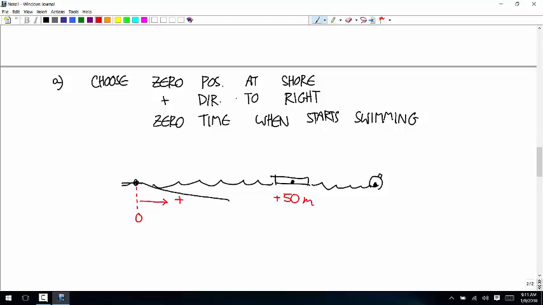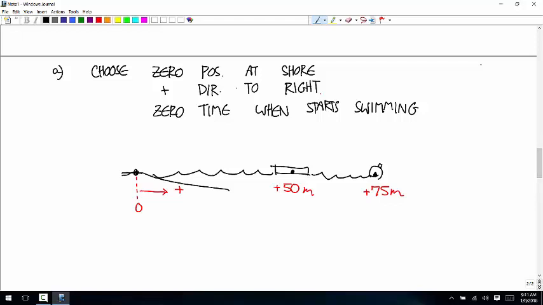And then it's 25 more meters in the positive direction to get to the buoy. So what's the label for the buoy? 75. And so the swimmer goes from 0 to 50 to 75 and then back to 50.